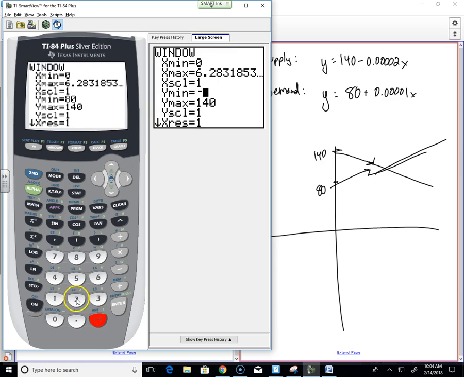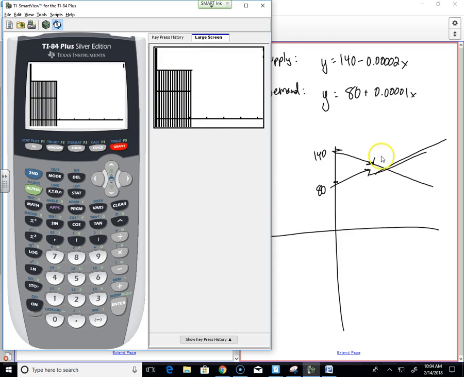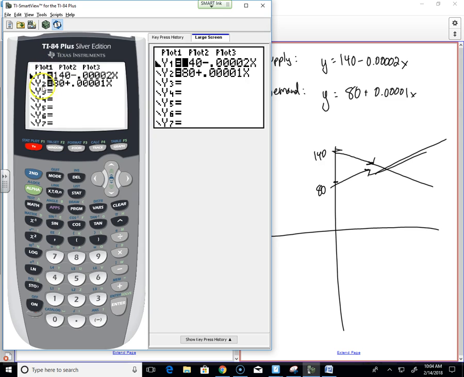I'm going to go down to -20, and let's go up to something like 200. Okay, we can see it a little bit better, but remember this downslope is super minuscule, so you can't even see it. But we can see our two little lines. Remember, the triangle down is your shade below, the triangle up is your shade above. But is there another way? And the answer is yes.